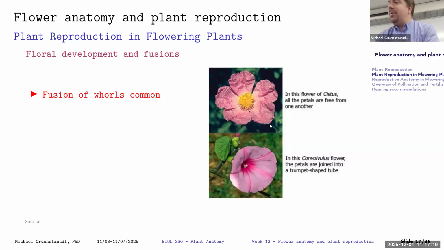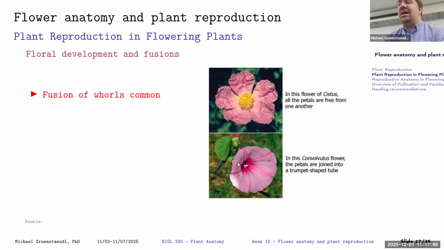Here's a simple example. If you have 5 petals here, thus a dicot, and all these petals are separate from one another and only converge down here at the receptacle, it's not that difficult. But what if, like in convolvulus, which is also a dicot, it has 5 petals that are, however, fused?